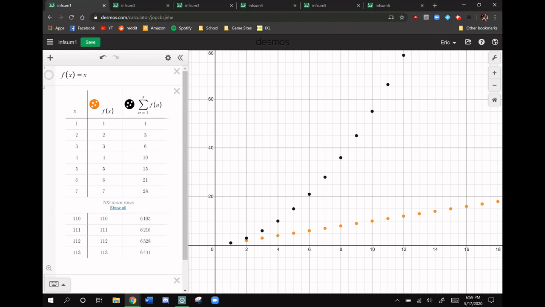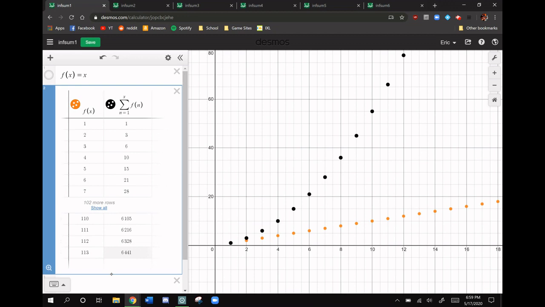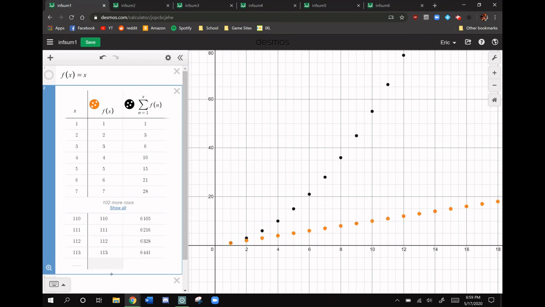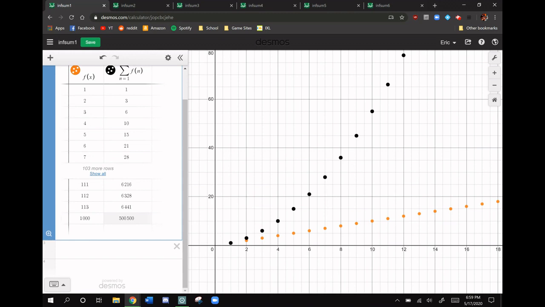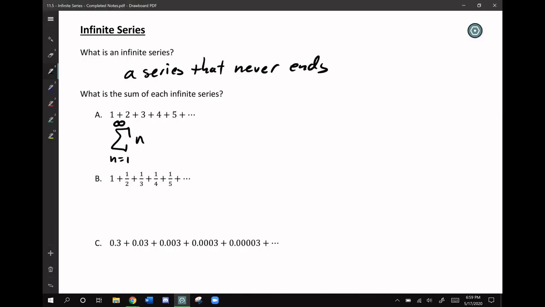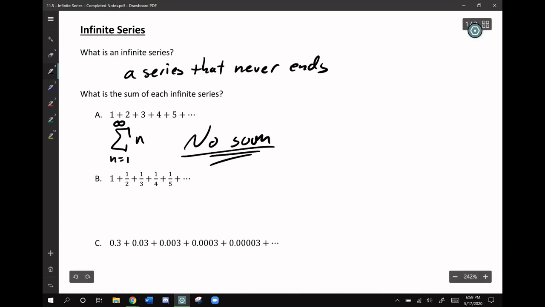And you can see that no matter how big we make n, these values, like 6,441 down here, will always keep going up. Even if I change this to 1,000, this number is still going to keep getting bigger and bigger. This means there's no sum, contrary to anything you might have seen. So this has no sum.